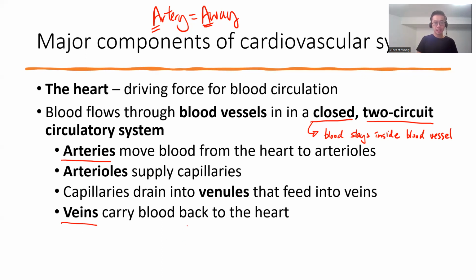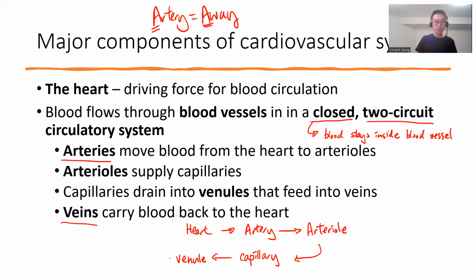Okay, so basically it goes like this. Okay, heart, and then you have an artery, typically really big, and then it's going to become a smaller version called arteriole, and then it becomes the smallest blood vessel, capillary, and then it joins to form the venule, and then vein, and then back to the heart.